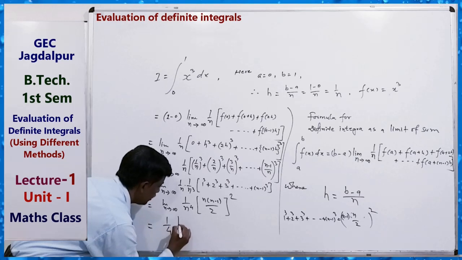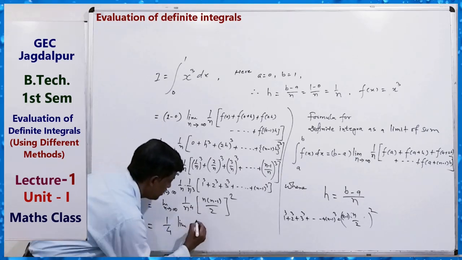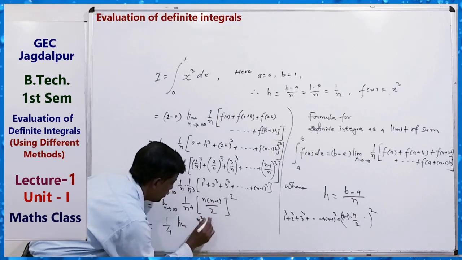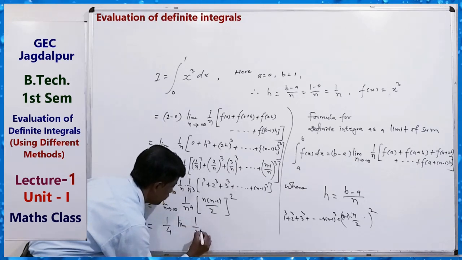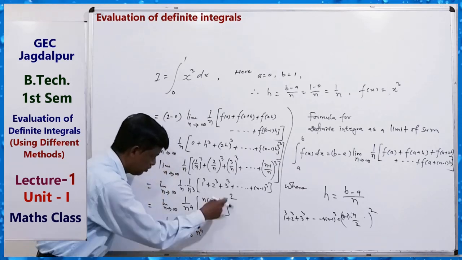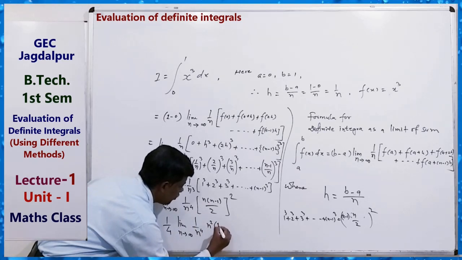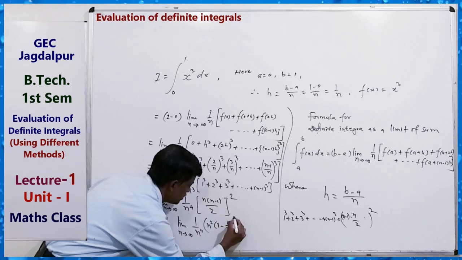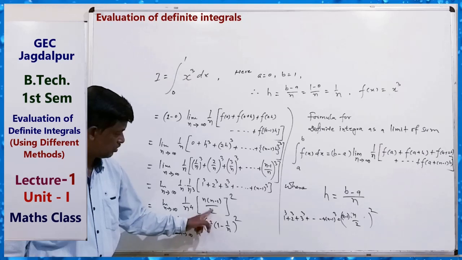Now in the limit, taking n square common for 1 by n power 4 as n tends to infinity, 1 by 4 is outside. Here n is common, so n square times 1 minus 1 by n.